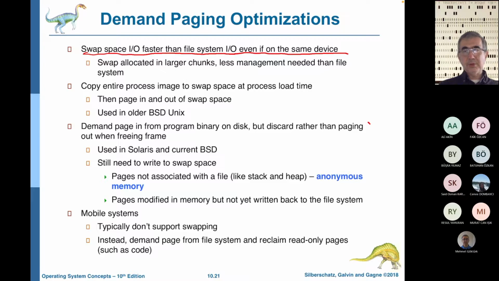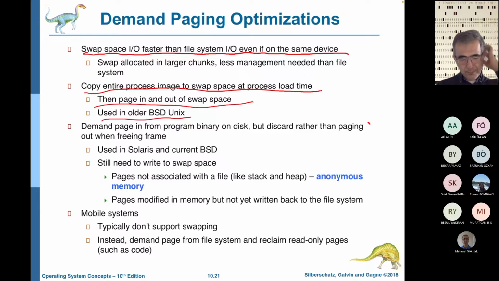So special considerations are given to make it faster. Copy the entire process image to the swap space when your process is starting. So page in and out of swap space when things are running. That is used in earlier BSDs.